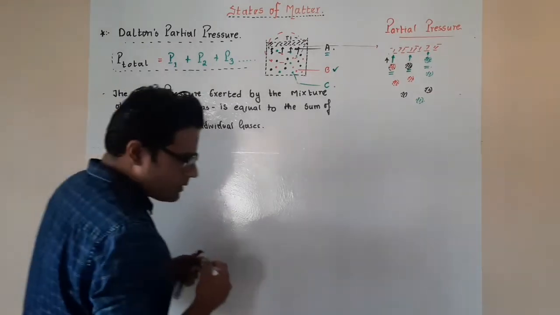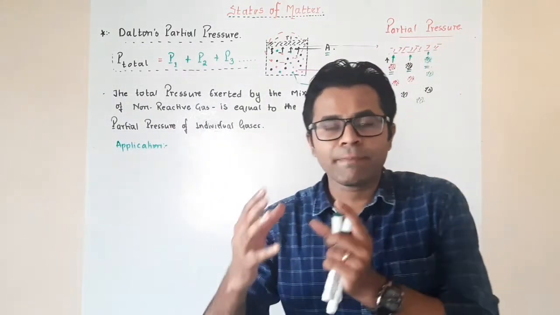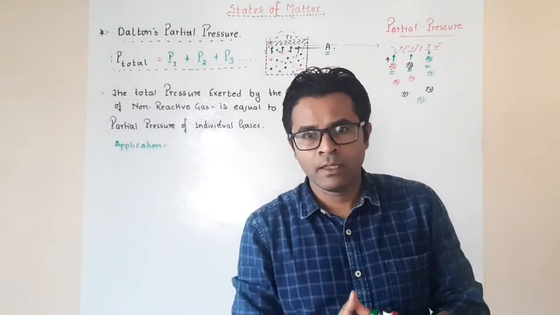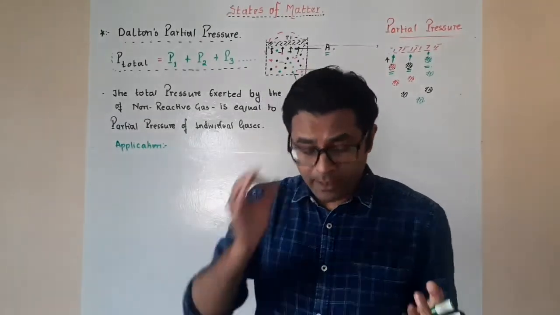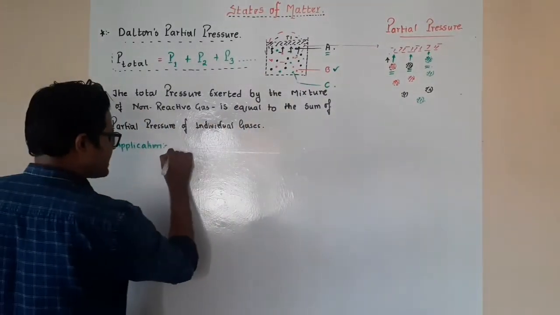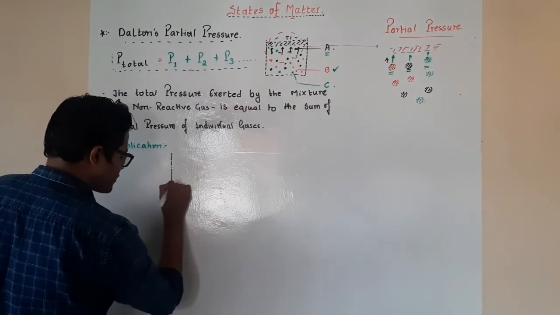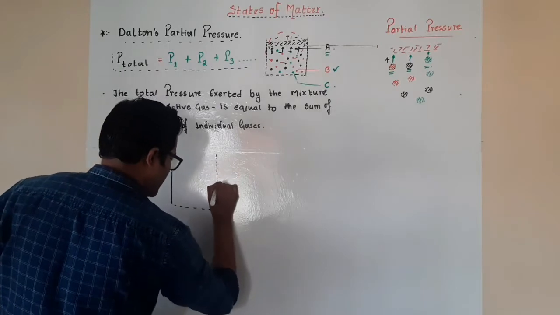Now, from the application point of view, it will help us to understand the partial pressure of a dry gas. In order to understand this terminology, a dry gas, let's assume that we have a particular container. Let's say this is the container.